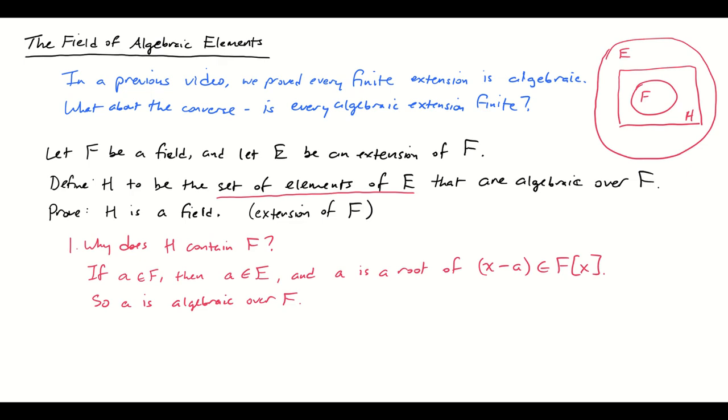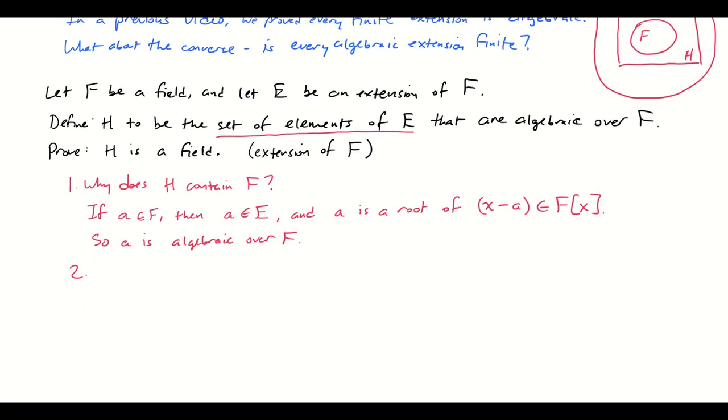So that's good. All right, but number two, how do we know it's a field? How do we know it's a subfield of E? To show it's a field, we're just going to prove that it has all of the necessary closure properties. So first of all, why does H contain the most basic things that it has to have in order to be a field?